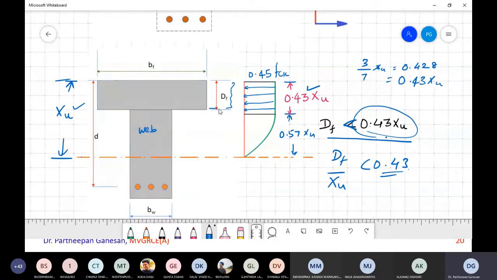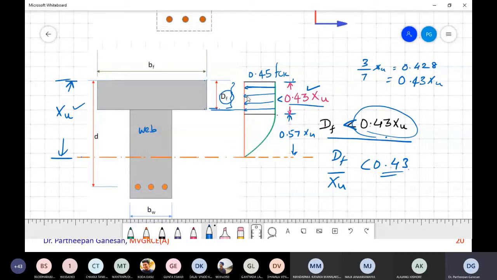Now tell me, over this depth, is my stress distribution uniform or not uniform? This is my thickness of the flange, and this thickness of flange is less than 0.43 Xu. This is 0.43 Xu here.